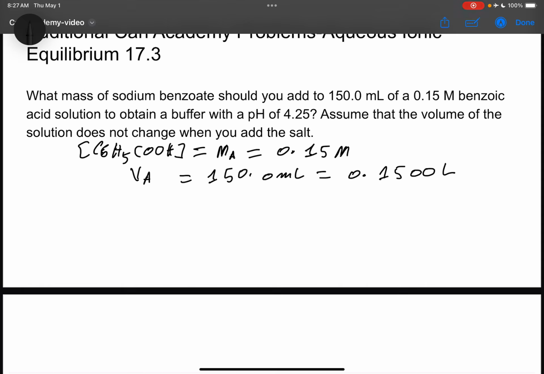We're also given the pH of the buffer that we want to form, which is equal to 4.25. And we are asked to calculate the mass of sodium benzoate to be added to this volume of benzoic acid to form the buffer of 4.25.